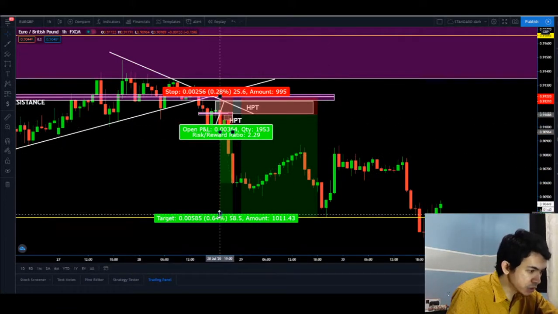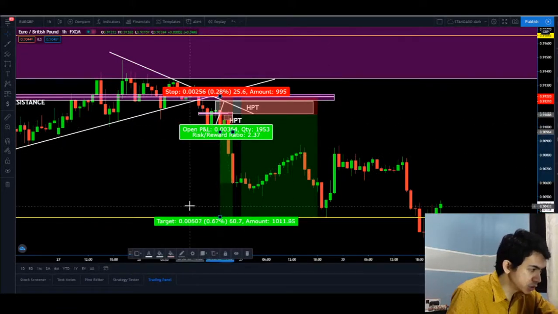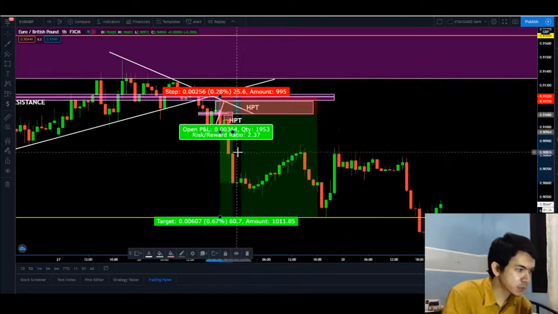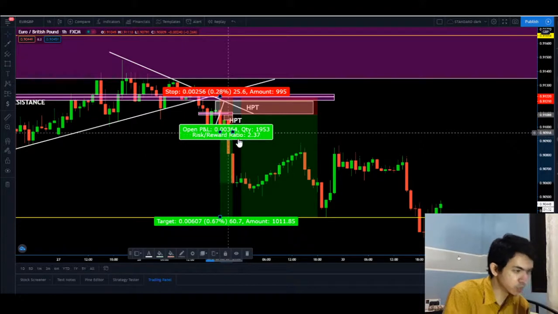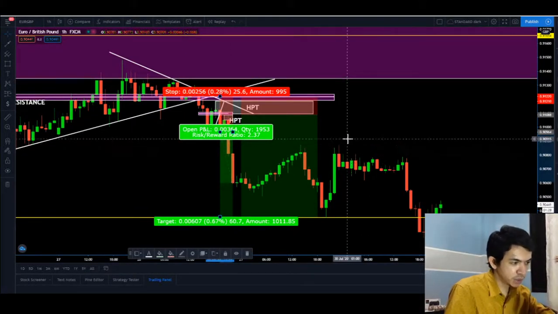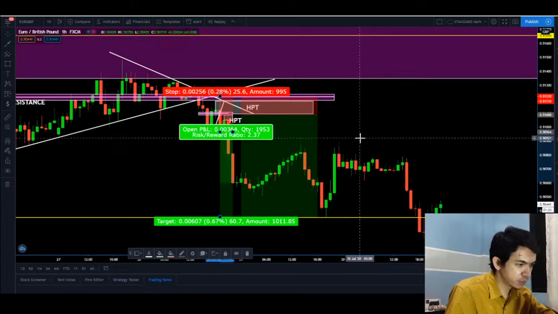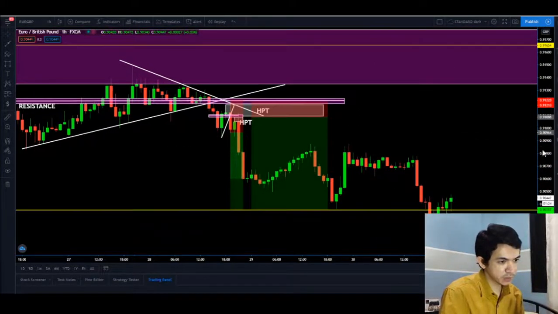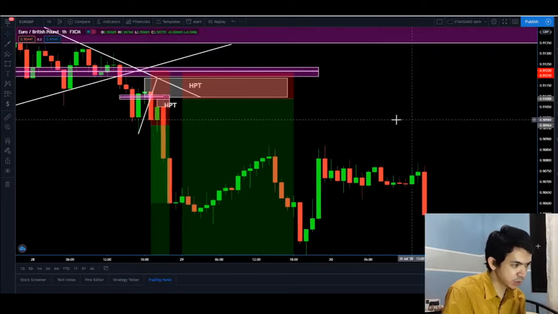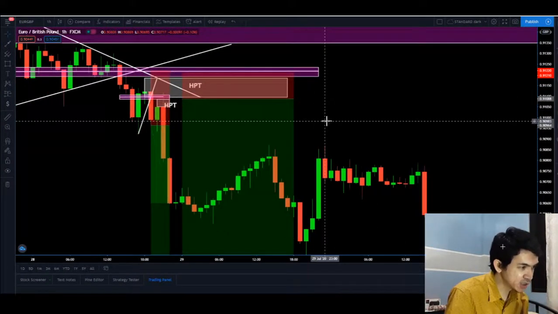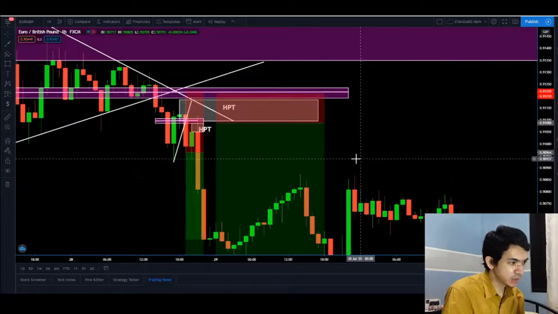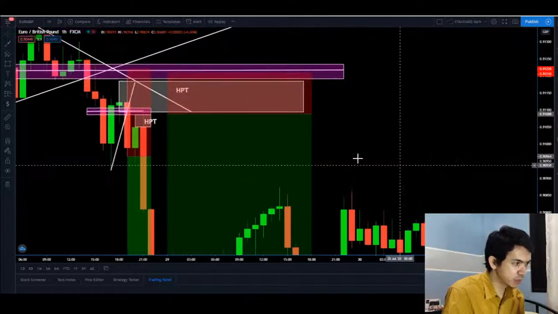If I would enter the trade straight away from an hour time frame, that would be 1:2 or 1:2.5, whatever. So 1:2 to make it simple. But if I took the trade at a 5-minute time frame, imagine guys, what is the risk reward ratio? 1:6. So that is a dope entry for me, an optimal entry.